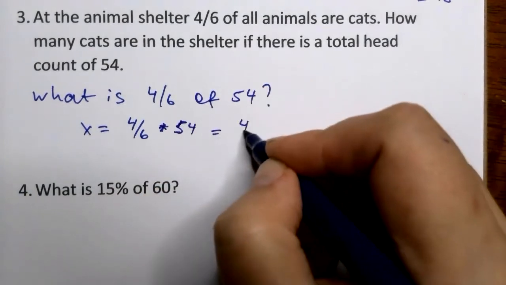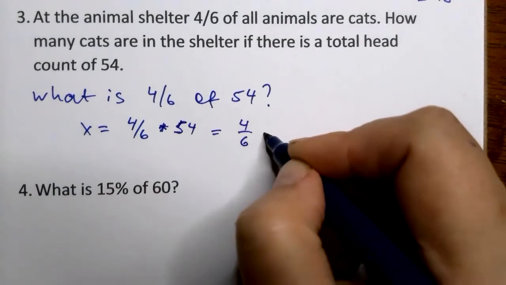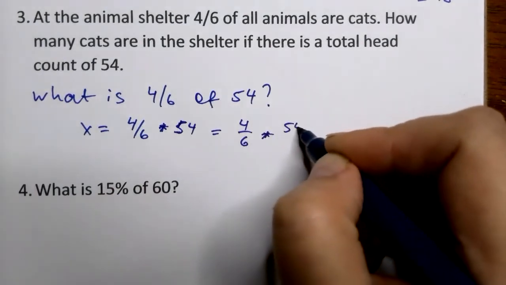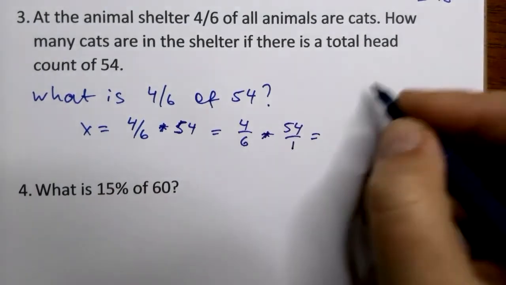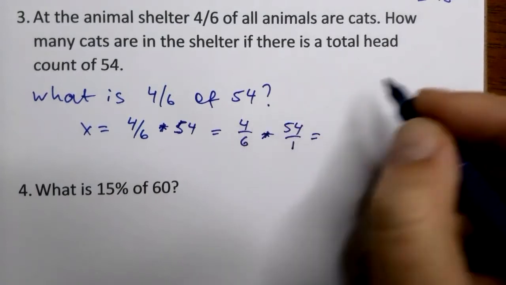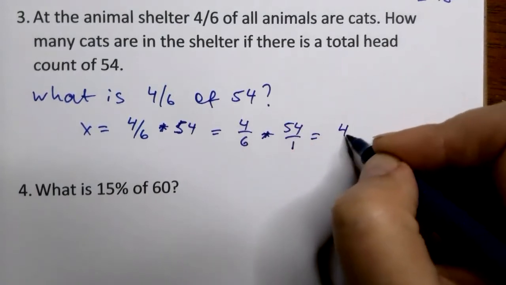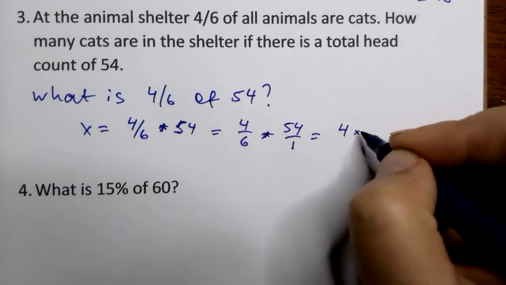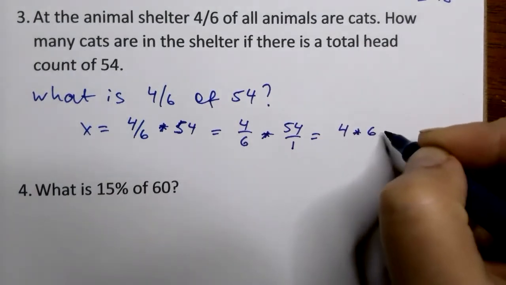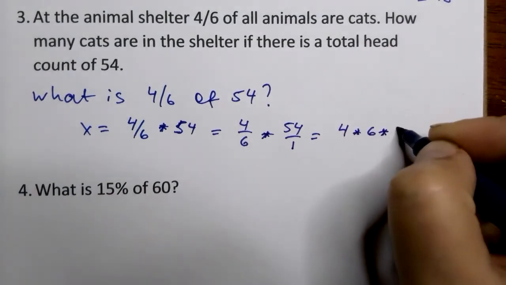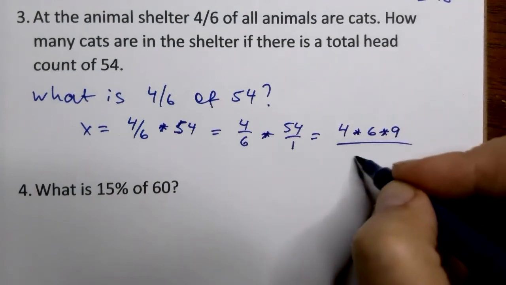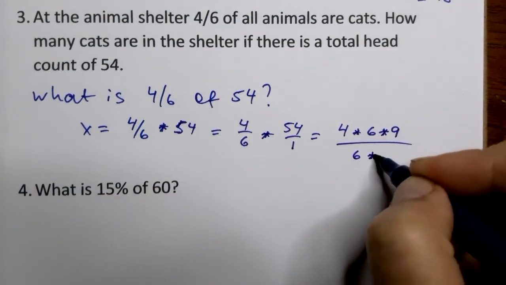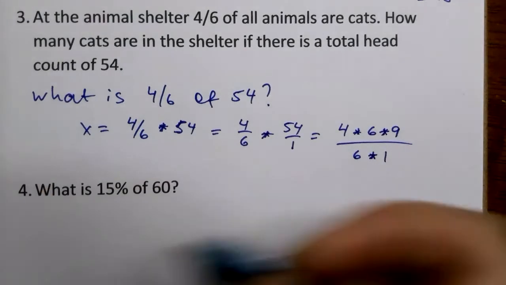So again, rewriting 54 as a fraction, and as I multiply the numerators and the denominators, I'm also going to factor 54 into 6 and 9 because I have 6 on the bottom and I want to cancel it out.